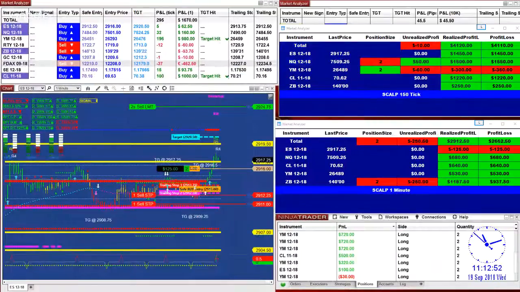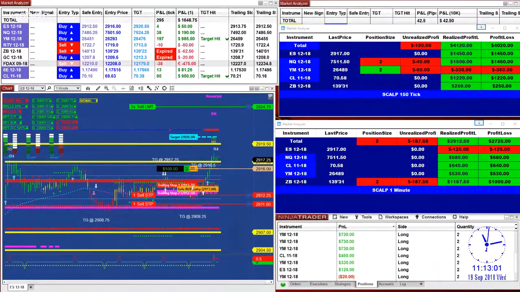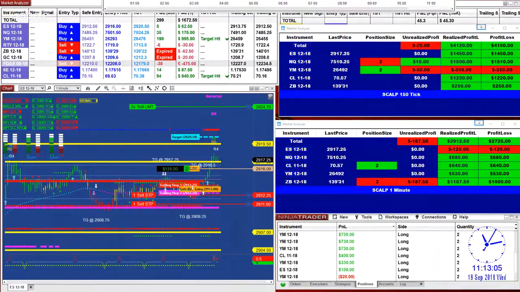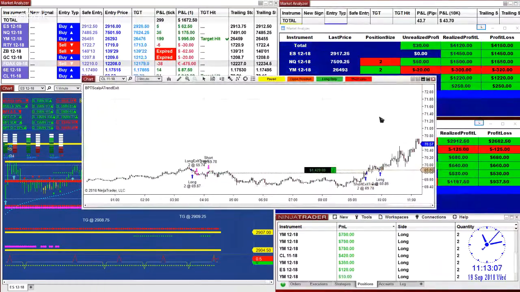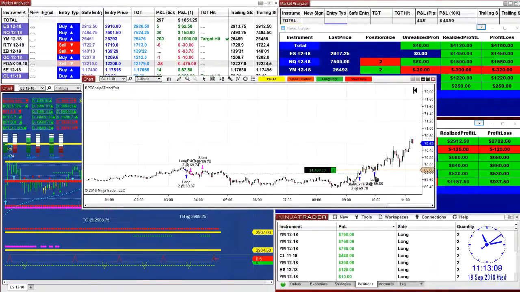On the CL, if we look at the automated trading, the CL is still on that trade. This is the CL and it already nailed this last trade, 1460.